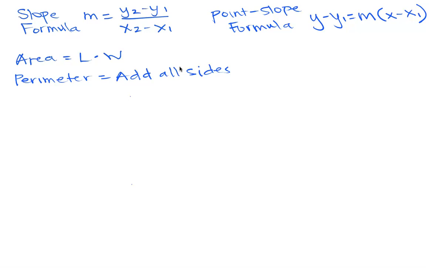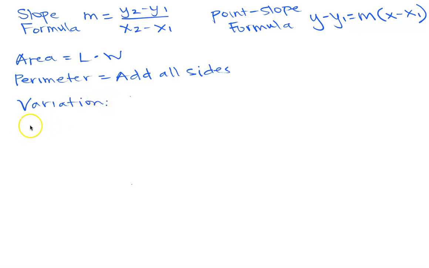All right, other things that would be good to know that we talked about, and we'll do an example like this to start off with. Remember that some of the stuff from the past tests can show up again, so you want to keep those things in mind. Okay, so variation problems.